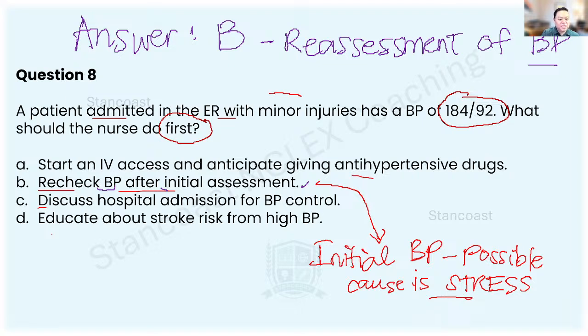Minor injuries. Make sure you deal with that first by reassessing. What about letter C, discussing hospital admission for blood pressure control? Is it too early to do that? I guess so. Yeah, it's so premature without further assessment.